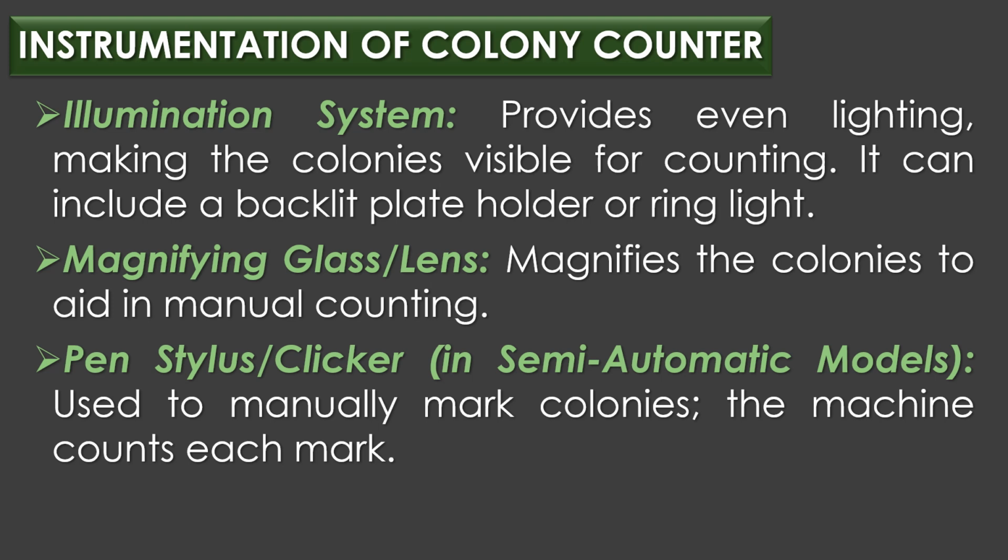It can include a backlit plate holder or ring light. Magnifying glass or lens. The magnifying glass or lens magnifies the colonies to aid in manual counting. Pen stylus or clicker. This pen stylus is mainly used in semi-automatic models. This pen stylus is used to manually mark the colonies, and the machine counts each mark.